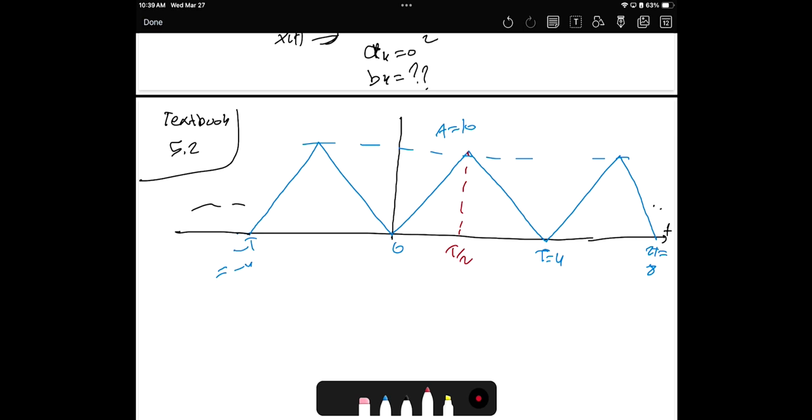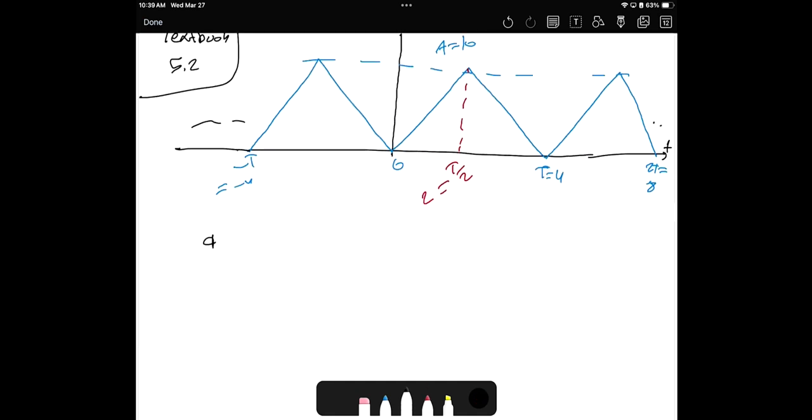Just to make sure we know that it's centered at the bottom here, at the top, which is on the middle cycle at 2 seconds. Now, the question says, the first thing, part A, is it even or odd symmetry?